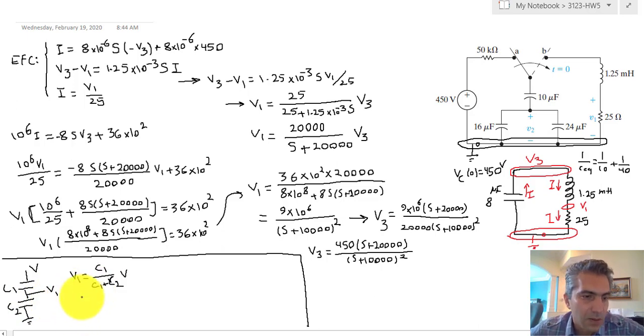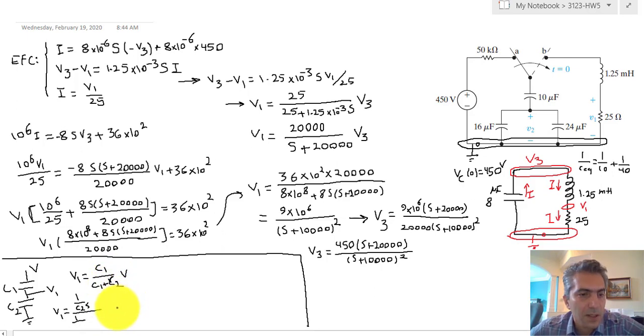So V1 is equal to 1 over C2s over 1 over C2s plus 1 over C1s times V, and that's the same equation that's up there. You simplify that, get rid of s, and it gives you that equation.